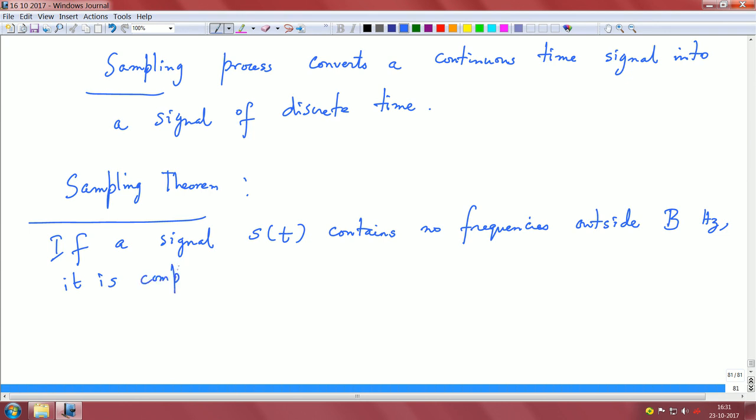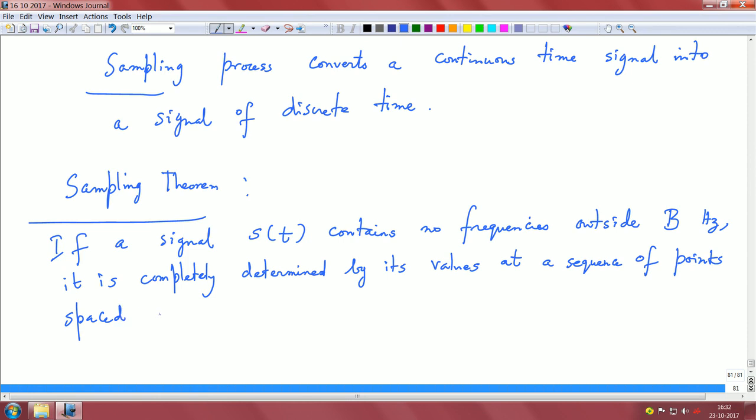it is completely determined by its values at a series of points, I could make it as a sequence of points here, spaced 1/2B seconds apart.